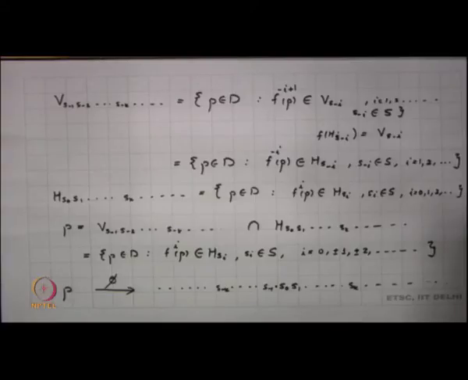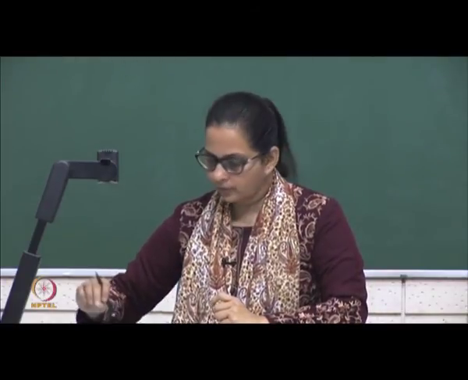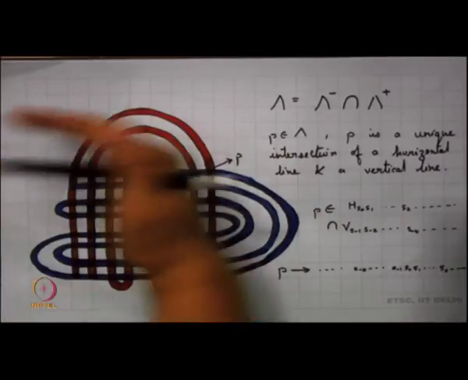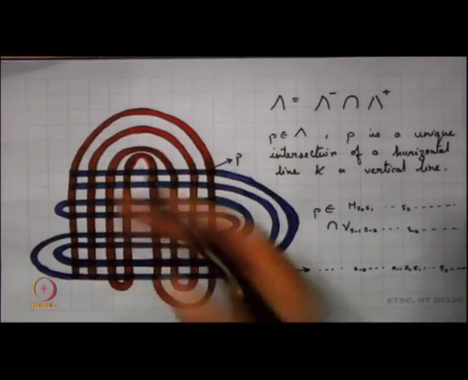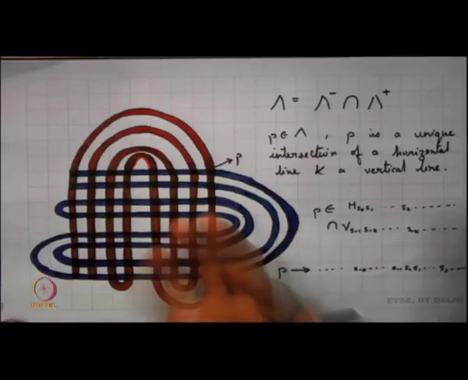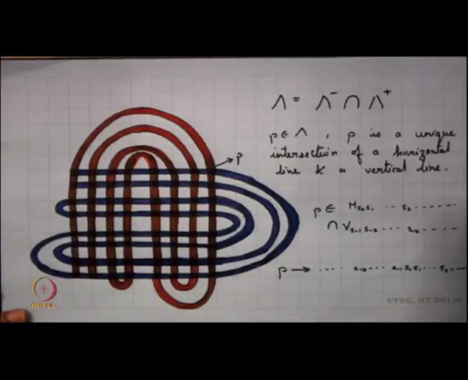So, now let us try to understand the dynamics on the horseshoe attractor. What happens on the horseshoe attractor? Let me again come back to this figure. I am looking at this picture again, and we just imagine what happens at infinity. At infinity, we have infinitely many vertical lines and infinitely many horizontal lines, and each point of intersection is associated with a sequence.